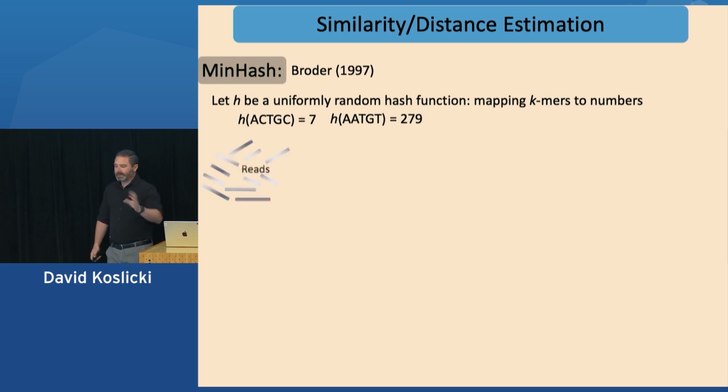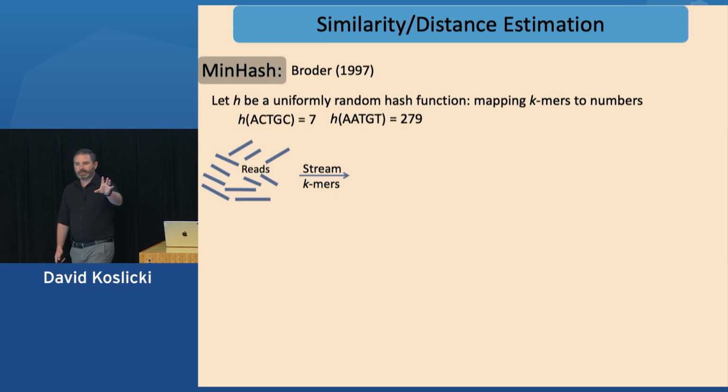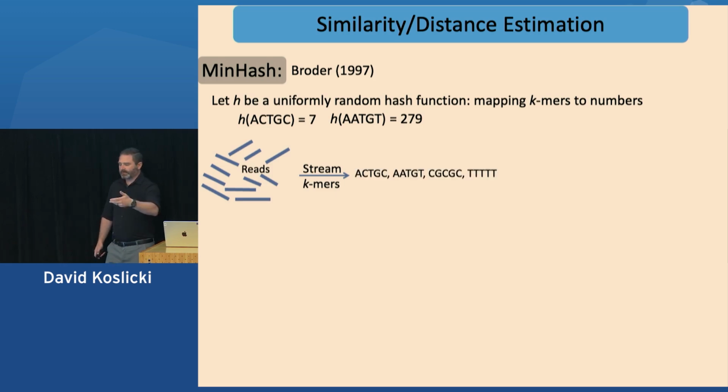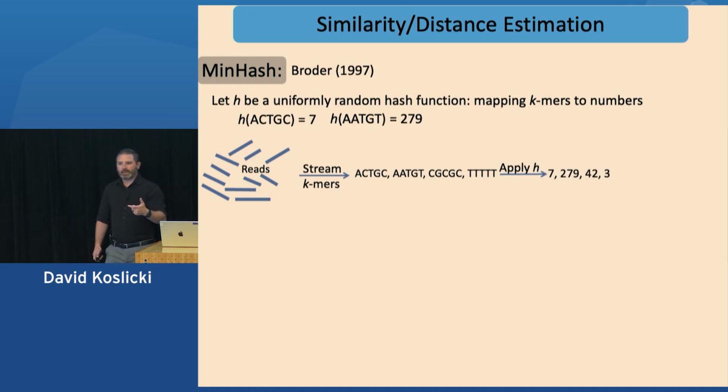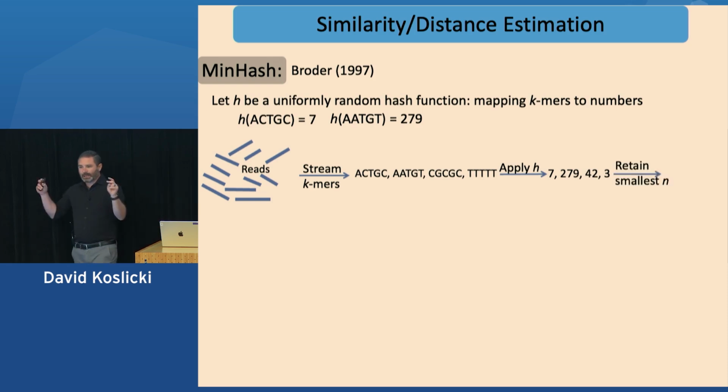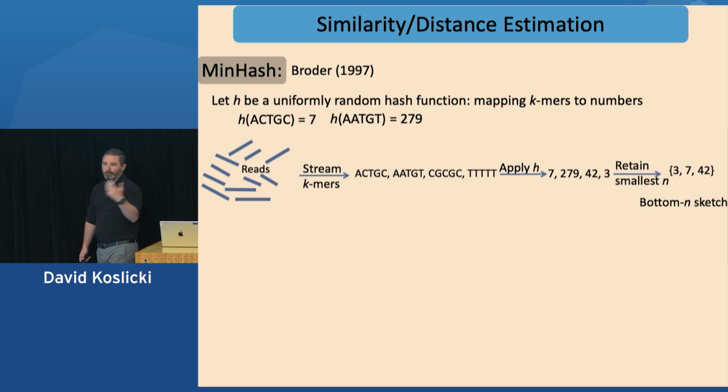The way that MinHash works is you would take your reads, and you start streaming the k-mers through. You take each one of these k-mers, and you apply your hash function h to get what random number has been assigned to it. You get these numbers, and then you select either the largest or smallest. Here we'll say smallest, n of these numbers, and that turns out to be your bottom n sketch.